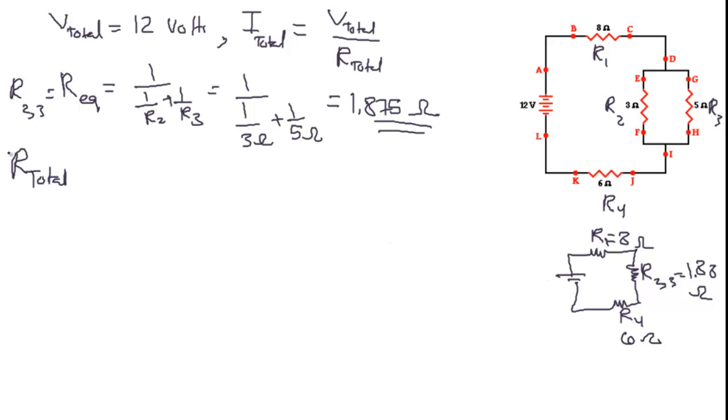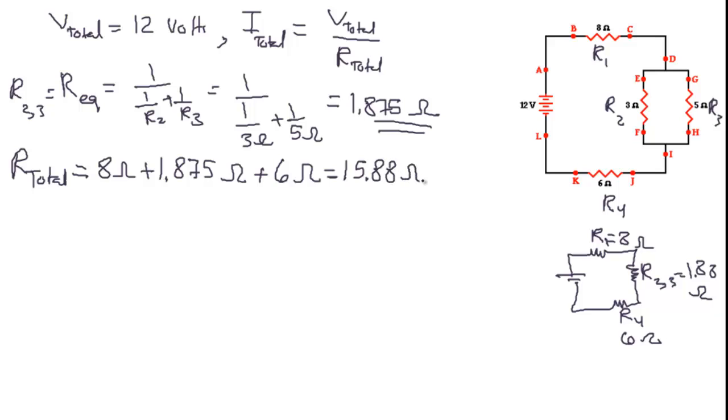If we add them, our total will be 8 ohms plus 1.875 ohms plus the 6 ohms, and this will give you a total of 15.875, or if you round it off, just 15.88 ohms. So that's the total resistance.